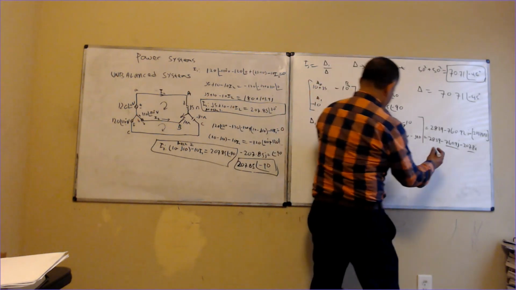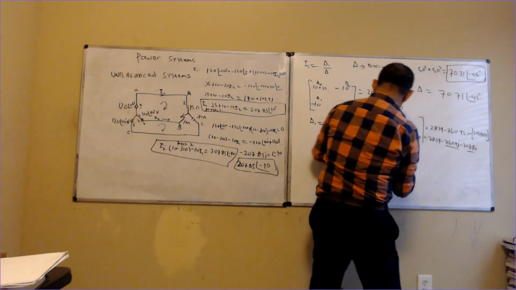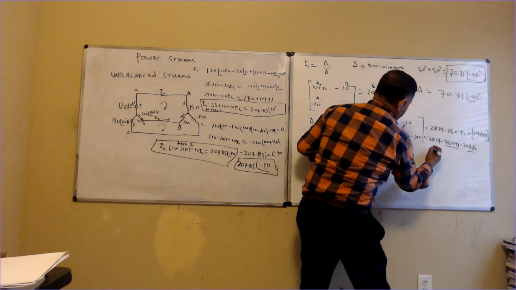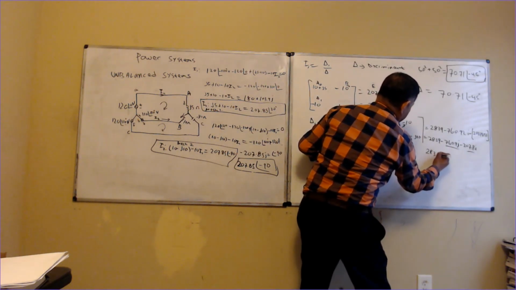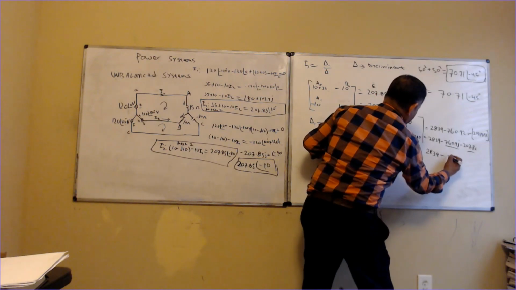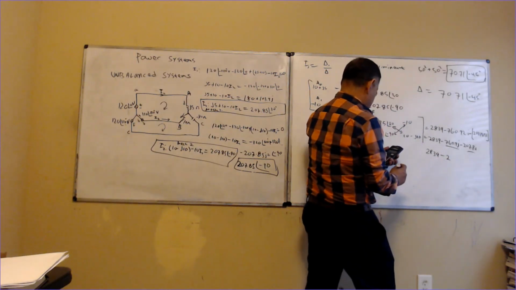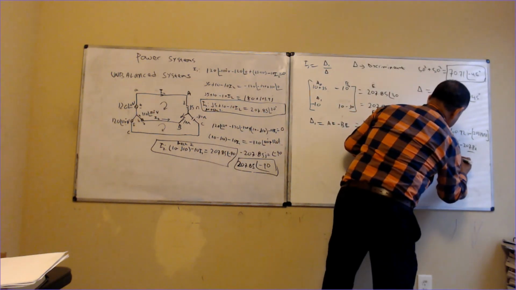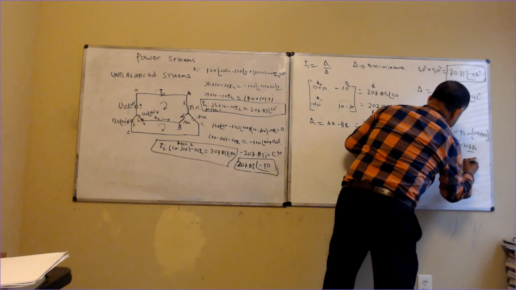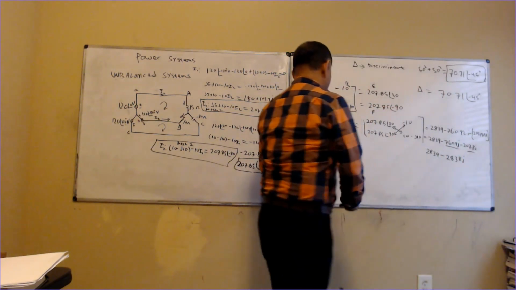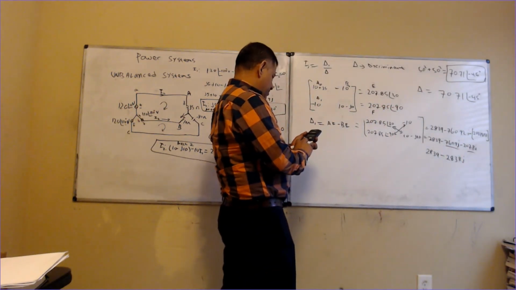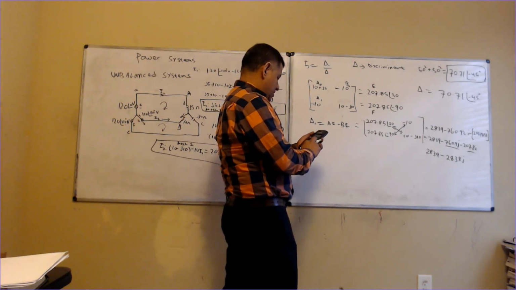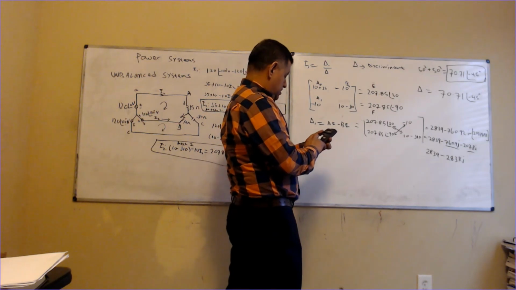Is equal to, so when I add those two, it's going to be 2839 minus 2838. So when I do that, I do that squared plus 2839 squared.